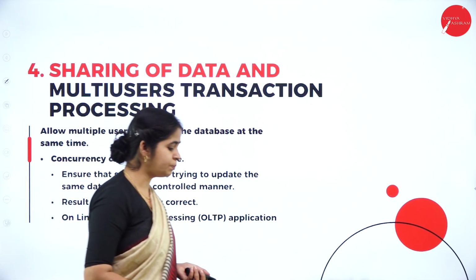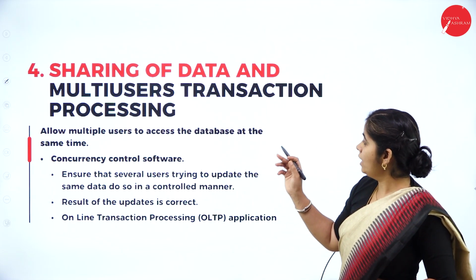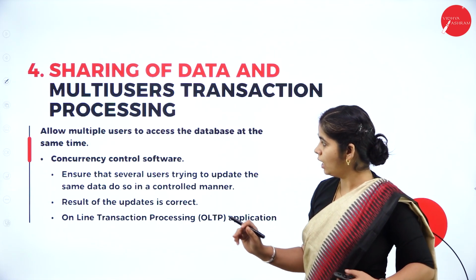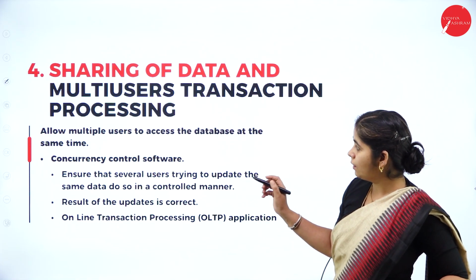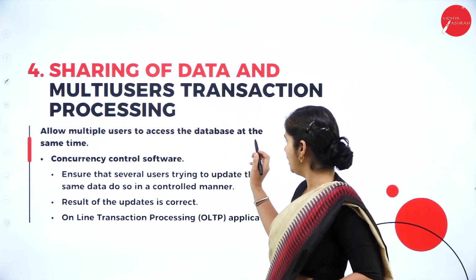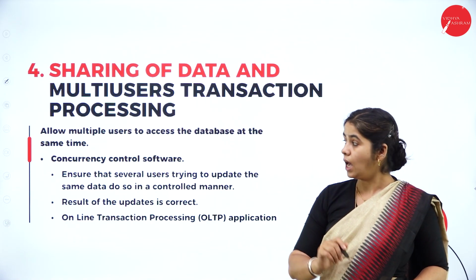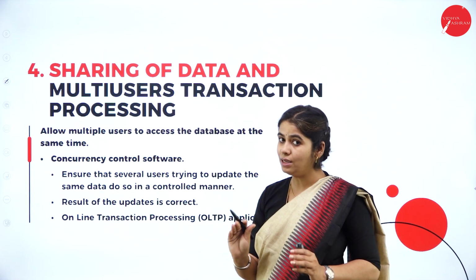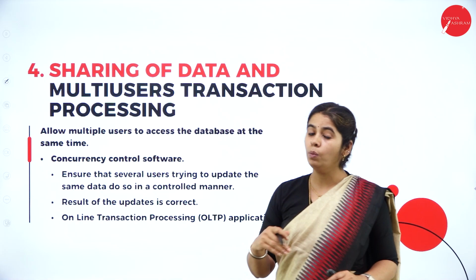Next, we have the fourth characteristic, sharing of data and multi-user transaction processing. Again, here we come across five points. What is it? It allows multiple users to access the database at the same time. How is it allowing this?